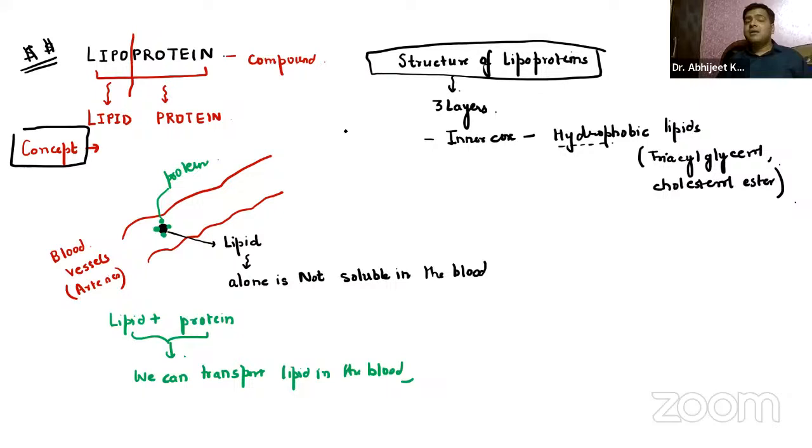Now we have three layers, guys. The inner layer, it is the inner core. It is hydrophobic, means it is not soluble in water. Coming on to the second layer, guys, lipids.